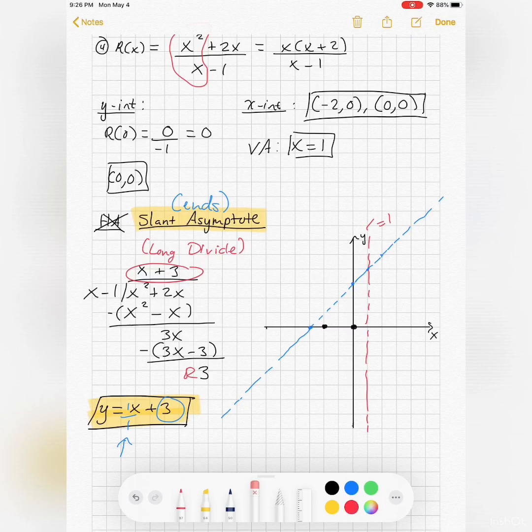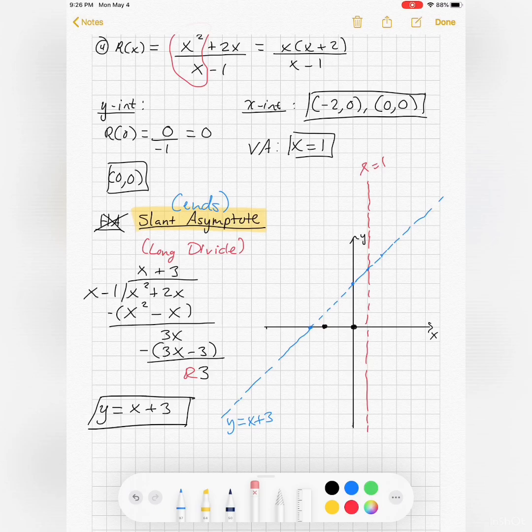There's that. There's that vertical. Okay. All right.